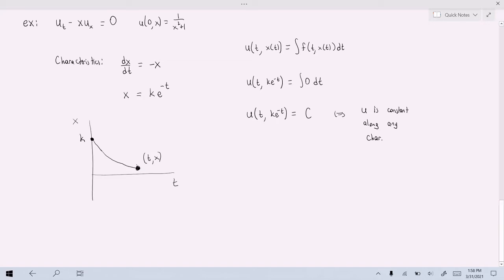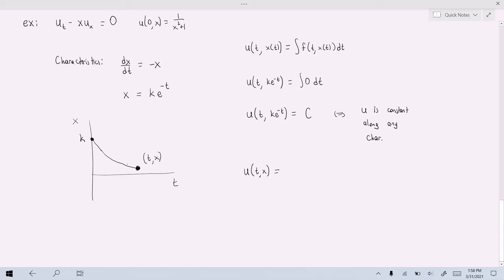In this example, we said that u is going to be constant along a characteristic, meaning that u evaluated at this point (t,x) will be the same as u evaluated at any other point along this characteristic, because it's going to be constant there.